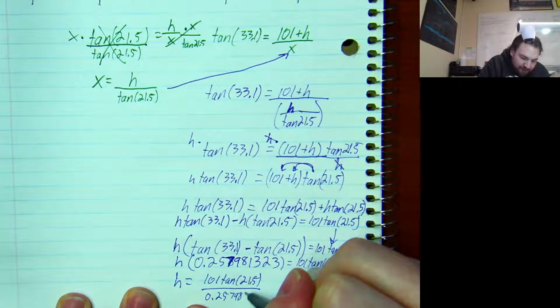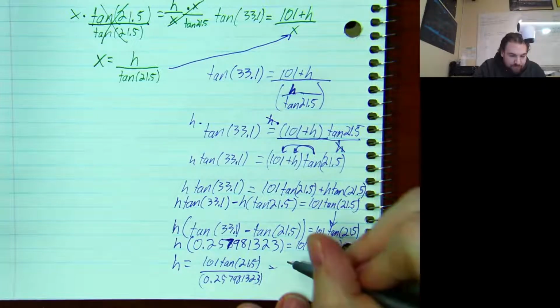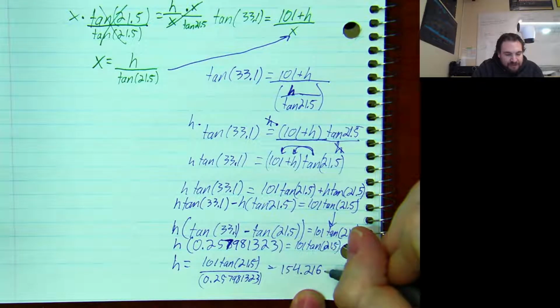I can ram that whole thing into a calculator, and we're going to find that H equals 154. That third decimal, does it round up to a 7? Okay, we'll leave it at 154.216, and that's going to be in meters.